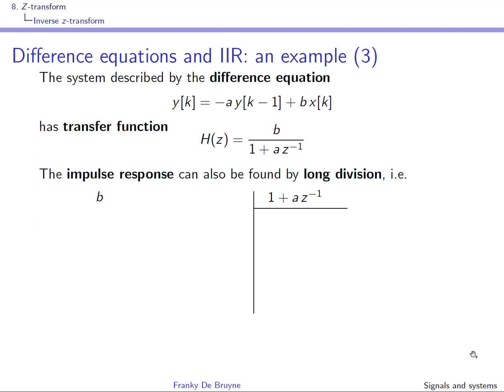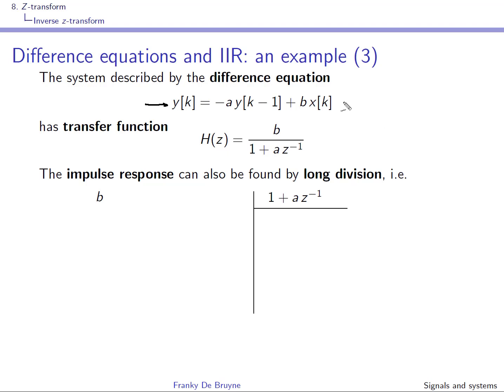We've seen previously that a system that is described by a difference equation has an infinite impulse response, and we've used this very simple difference equation to show that indeed the system described by this difference equation has an infinite impulse response. So we'll do it again over here using the Z transform, as an illustration of the long division. First of all we need to compute the transfer function.